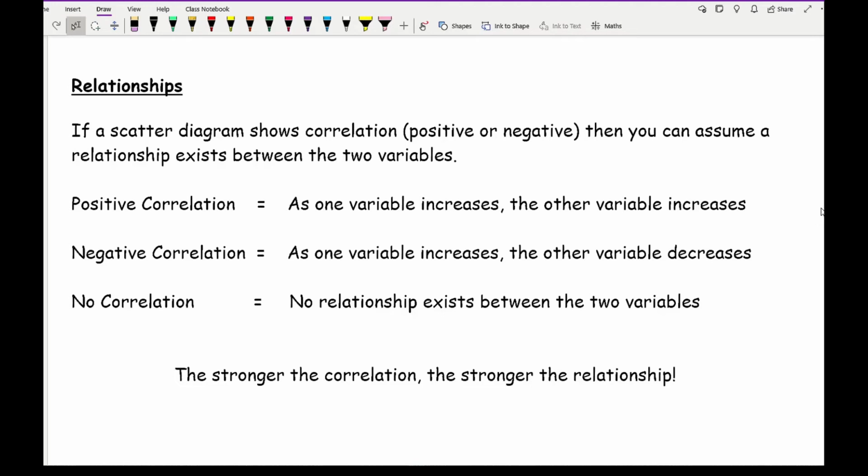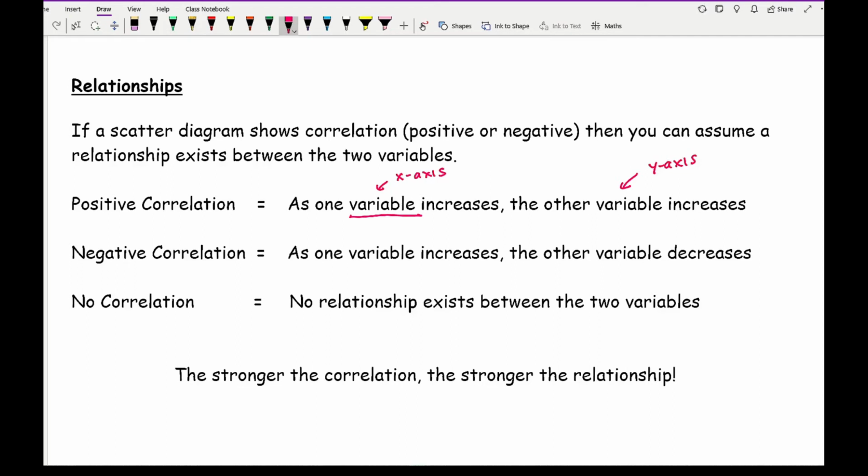Now, if your diagram shows positive correlation, then basically what the relationship is going to be is as one variable increases, the other variable will also increase. Now, the word variable will depend on what's on your x-axis, so this would be what's on your x-axis, and this would be what's on your y-axis.